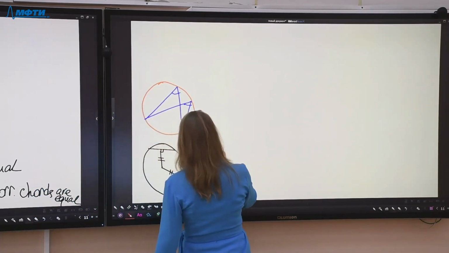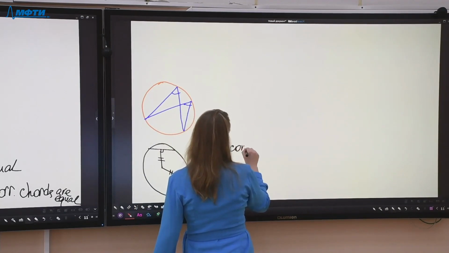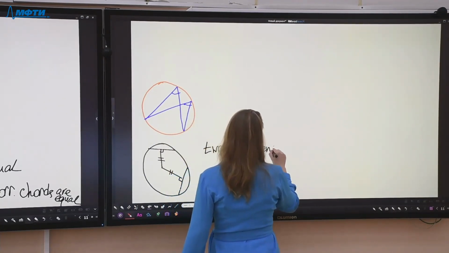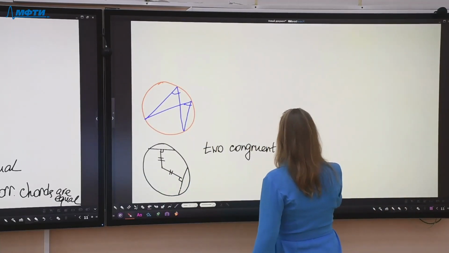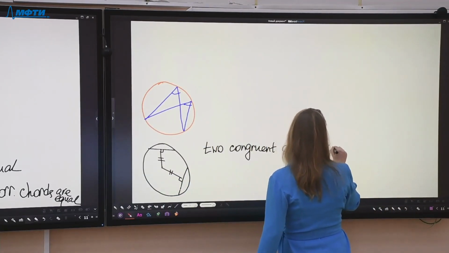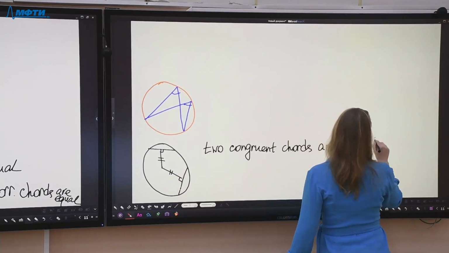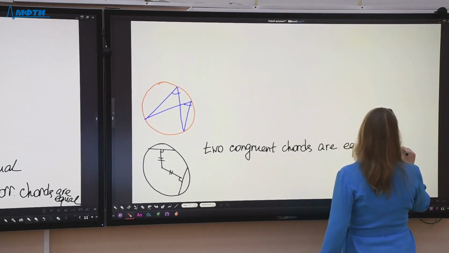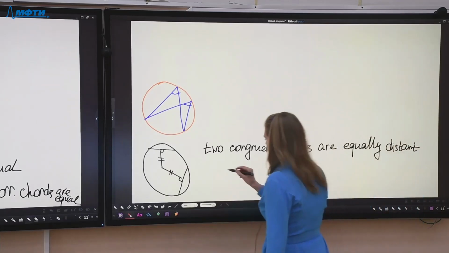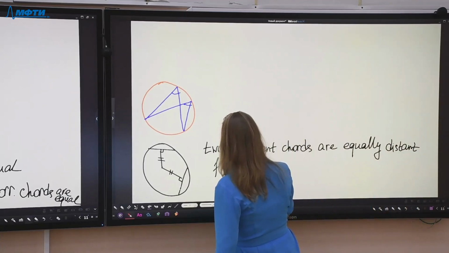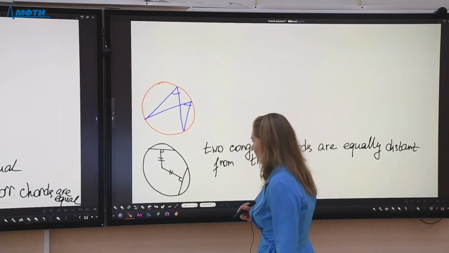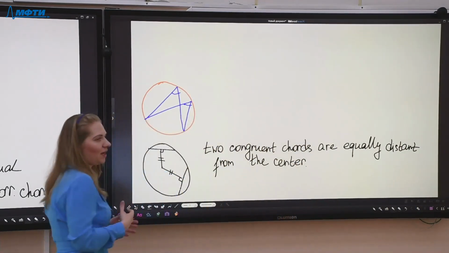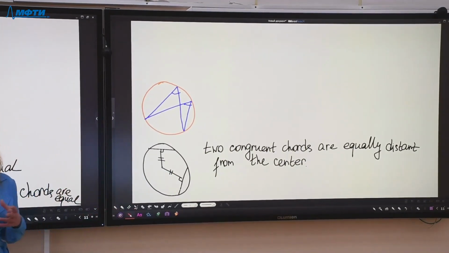So two congruent chords are equally distant from the center. And vice versa, if we have two chords and we know that they are equally distant from the center, we can say that they are congruent.